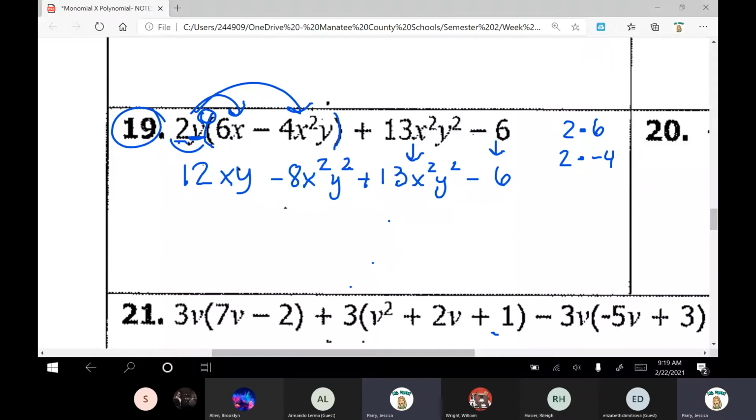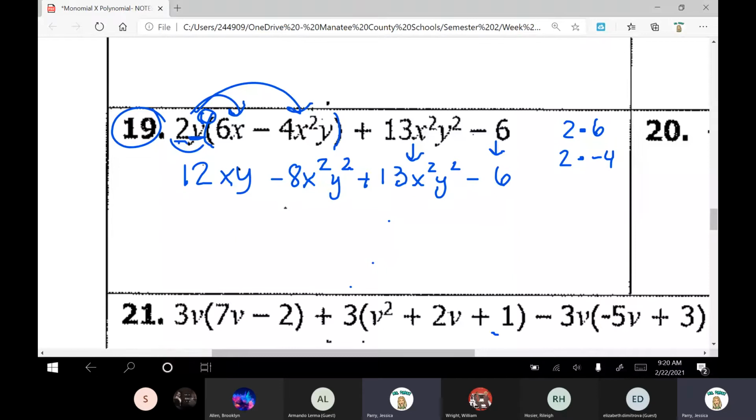Okay, so next we need to start combining some things together. And I know there's lots of variables and exponents here, so let's just focus on only the numbers, the coefficients. What am I going to combine here to simplify it a little bit better? And you can only write down the coefficients, the number in front.